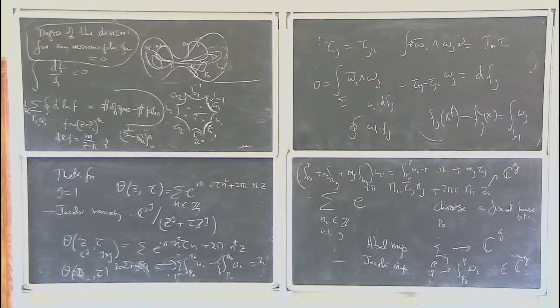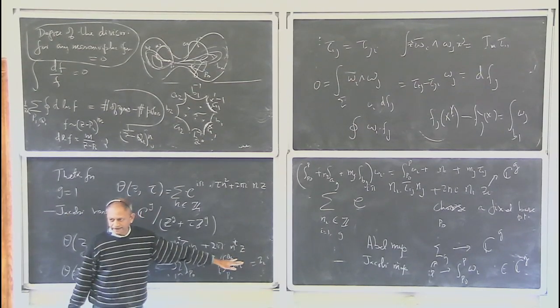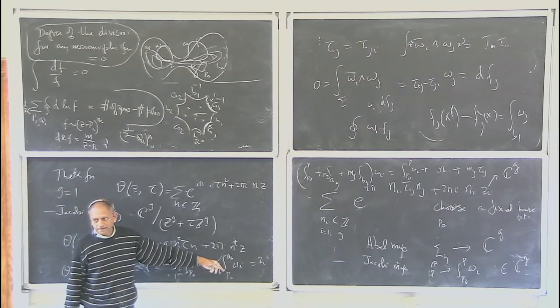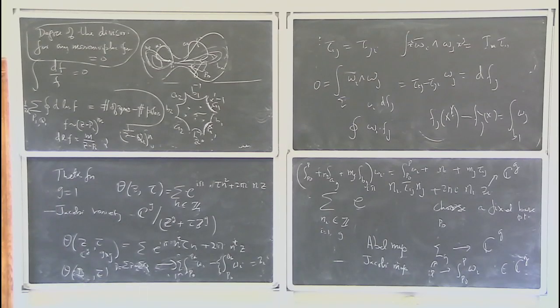It's not meromorphic, because there's just a Fourier expansion in the z's, so there will be no singularities. But this is quasi-periodic. The theta function itself is not a good function defined on the Jacobian variety because there are multipliers.